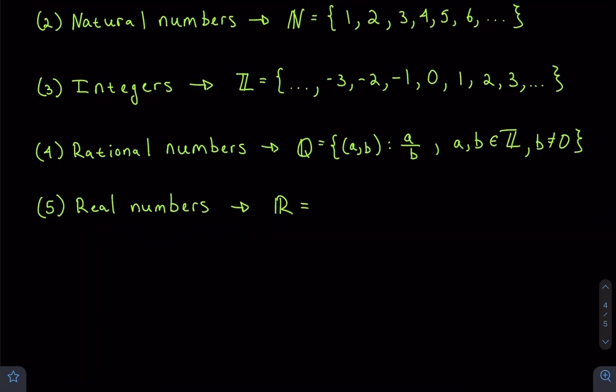It's all the numbers in the rational set in addition to all the irrational numbers. And the way we'll define this is simply as all the points x such that x is between negative infinity and infinity. So all the numbers that you can think of between negative infinity and infinity, which includes rational and irrational.